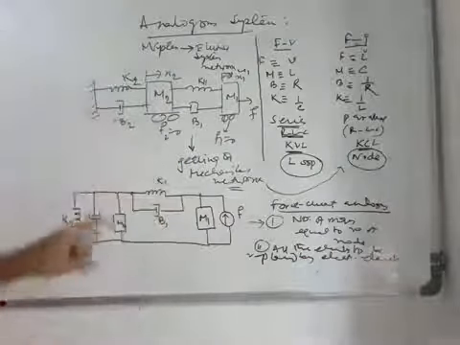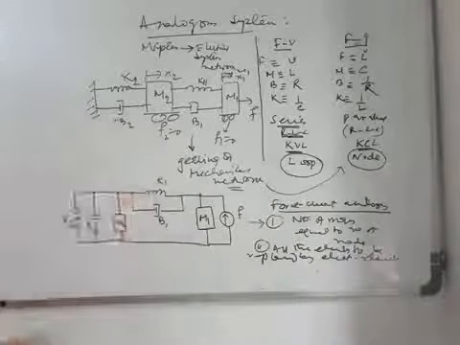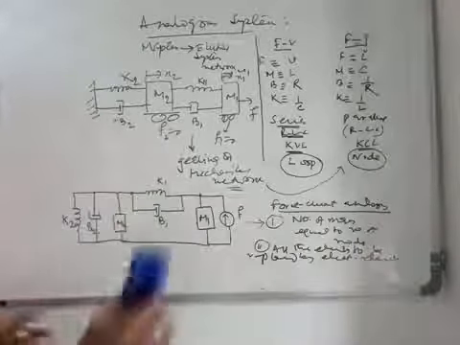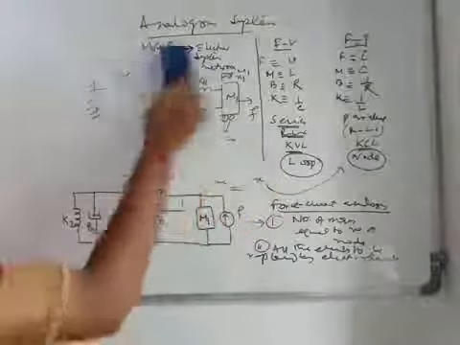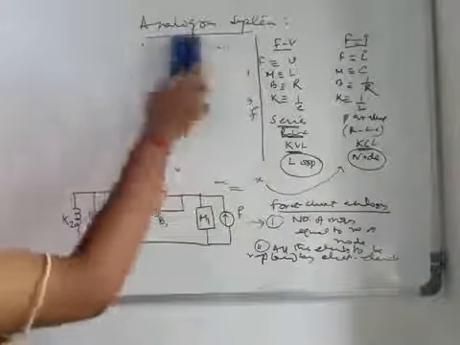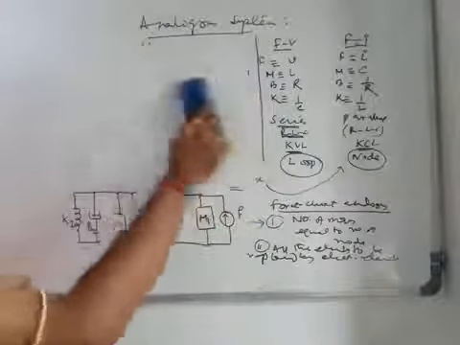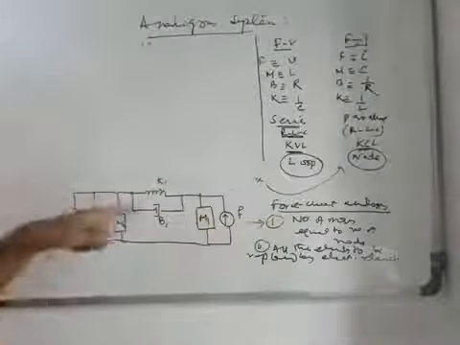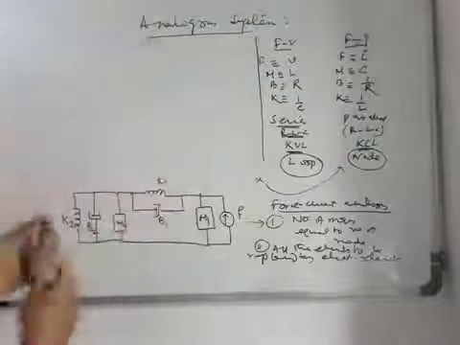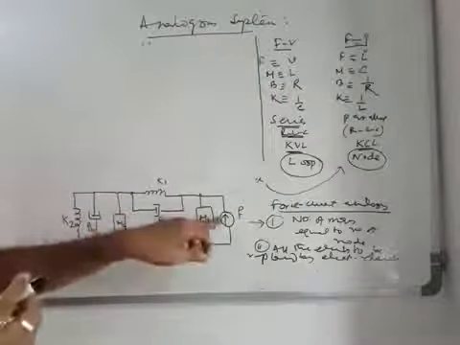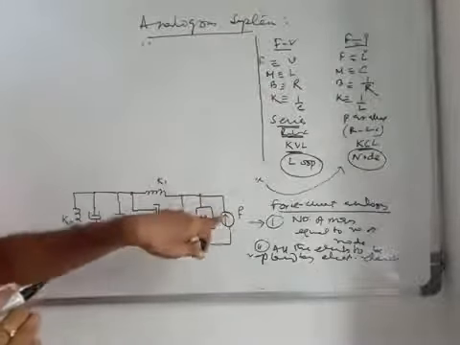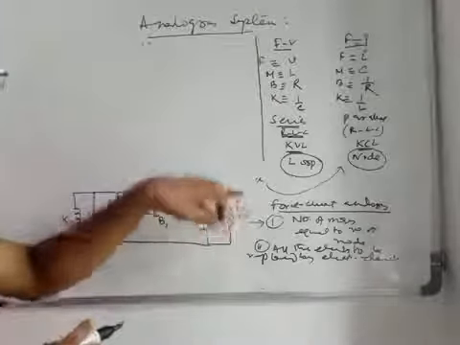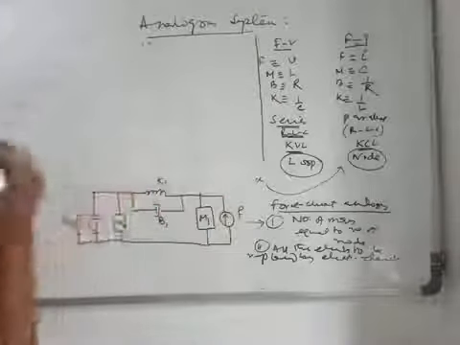So all the elements are to be replaced with the corresponding electrical elements. So I will just erase it and put the values of M1, K1 and B1 in respect to the electrical network values, and instead of F we will write current I. So what do we get?